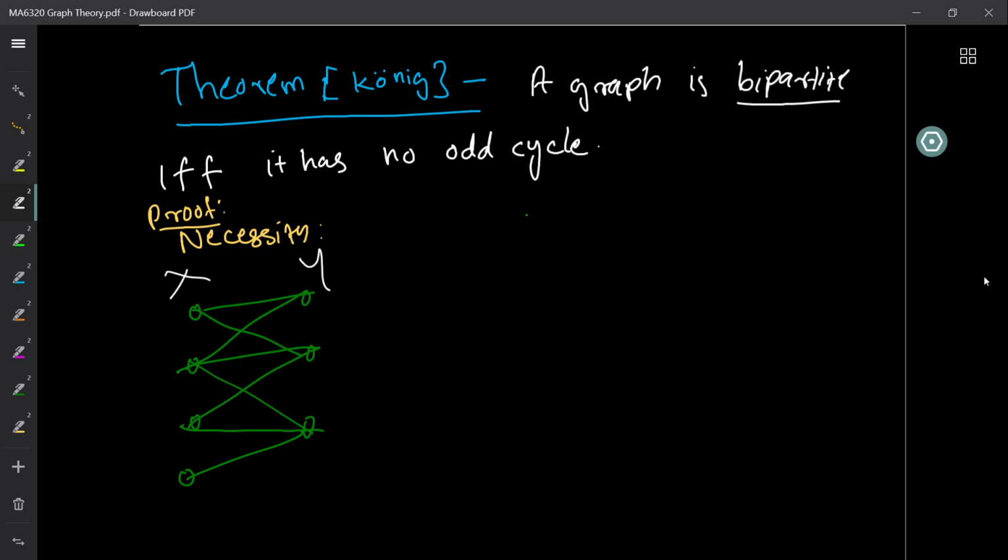So now we prove that there cannot be any closed odd walk in the bipartite graph.